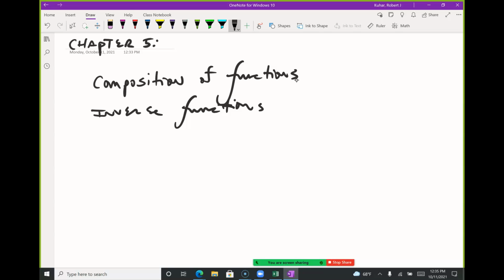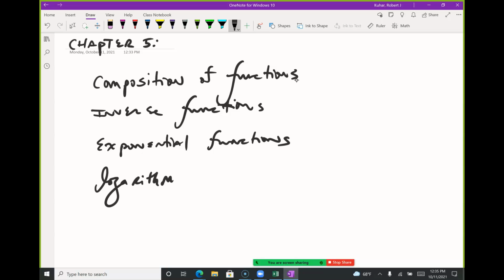And then we're going to be doing exponential functions and logarithmic functions. So that's chapter 5: inverse functions, exponential functions, logarithmic functions. Those are the big pieces that are happening all through calculus. And then we get into 3 chapters of trig.